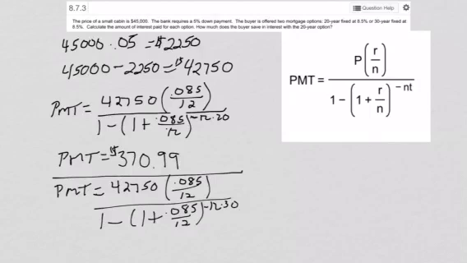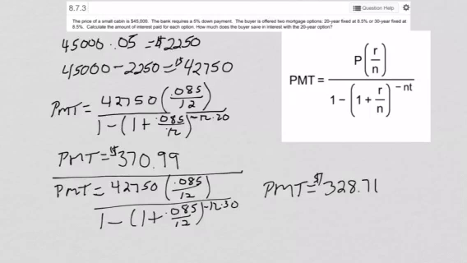Again, I'm going to calculate this to get my regular payment amount for the 30-year mortgage. When I do this calculation, I get a regular payment amount of $328.71. So we see that the regular monthly payment for the 30-year is a little bit cheaper.